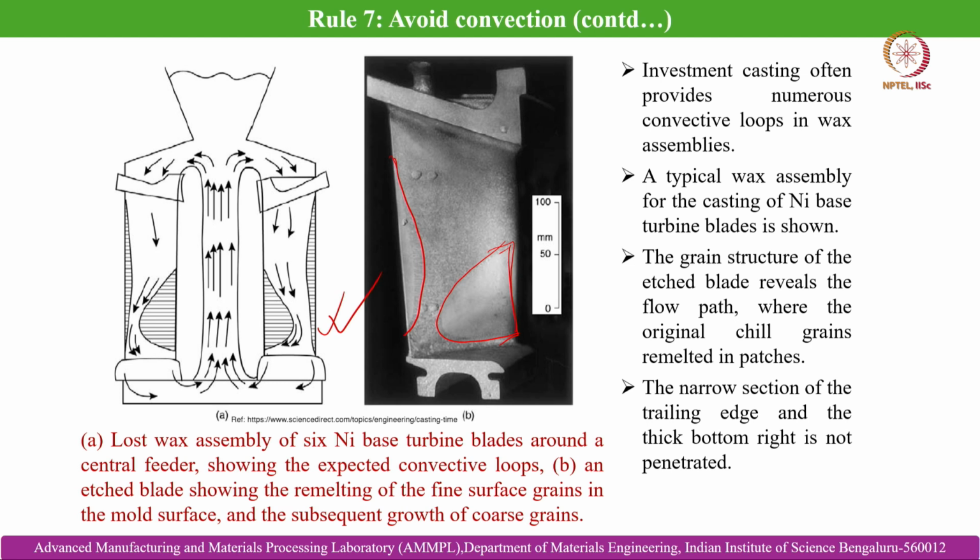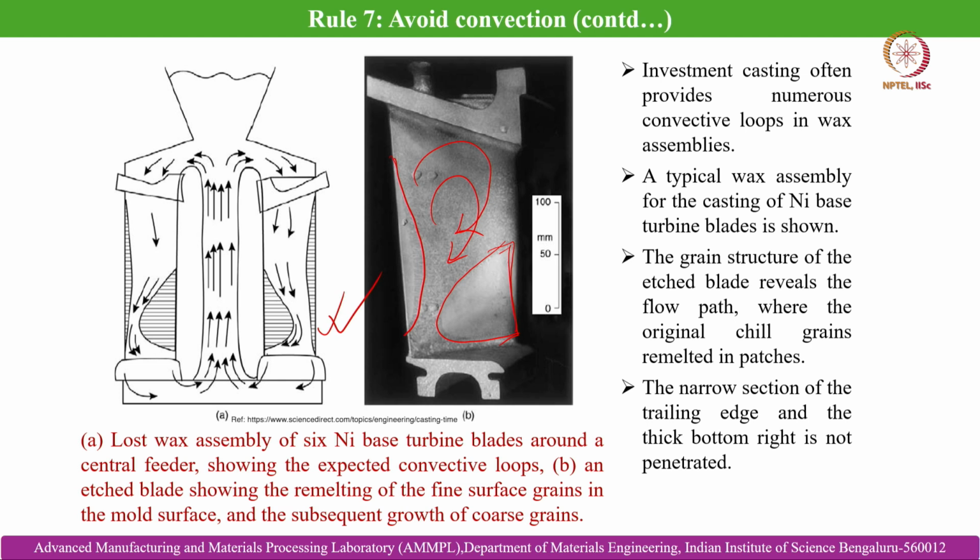These are the regions not penetrated by the convective loops of the liquid melt, which are otherwise responsible for remelting the initial microstructure. This happens due to compositional inhomogeneity, which originates from the thermosolutal convection within the solidifying cavity.